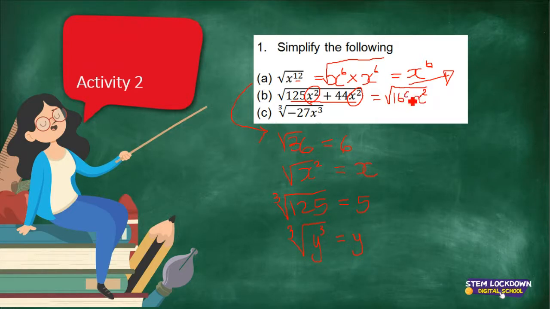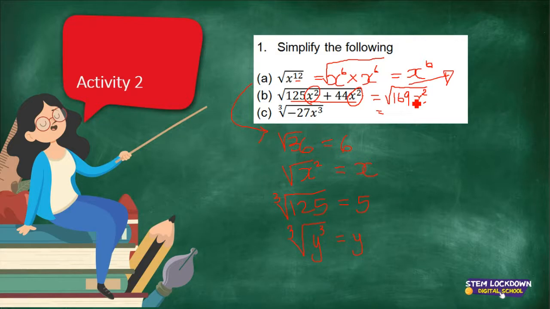I said you can use a calculator for this one. 169, right? And then what is the square root of 169? In other words, which number multiplies by itself to get 169?